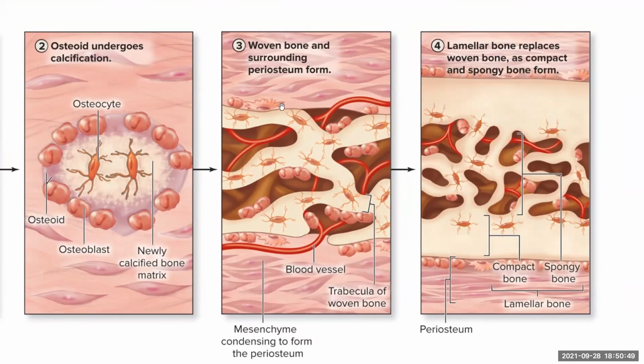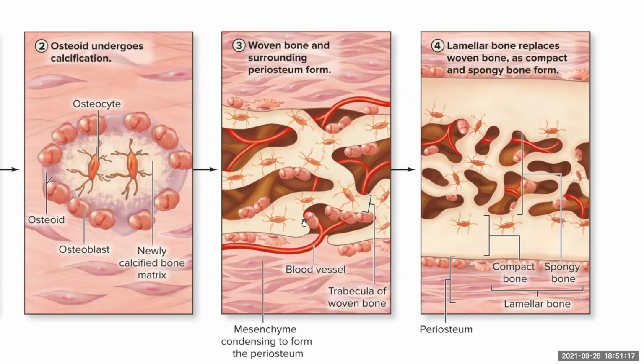So you'll see we're going to get that inner cell layer occurring with all the different cells that come with that. And then we'll also get that outer fibrous tissue on the outside. But meanwhile, as this is occurring, you can see blood vessels are finding their way into this tissue, which is good because the blood vessels are going to carry the nutrients and the ingredients that we need for this process to carry on.